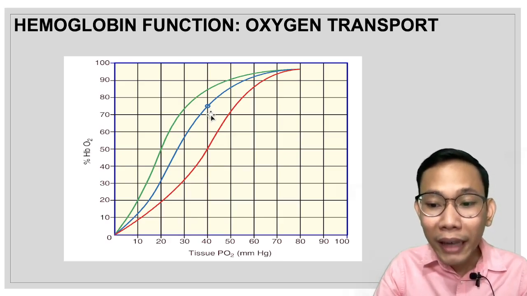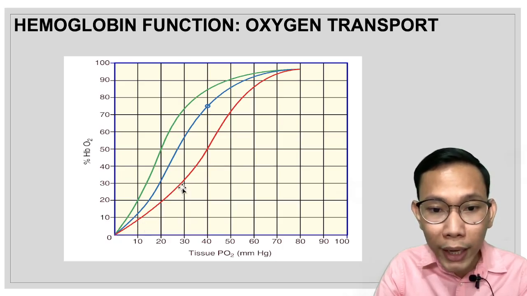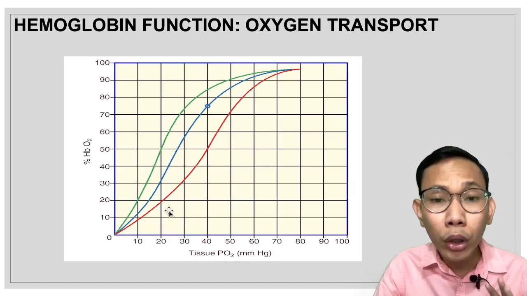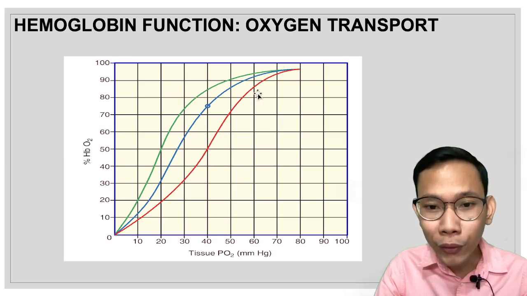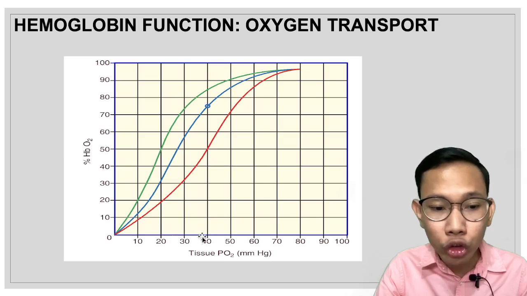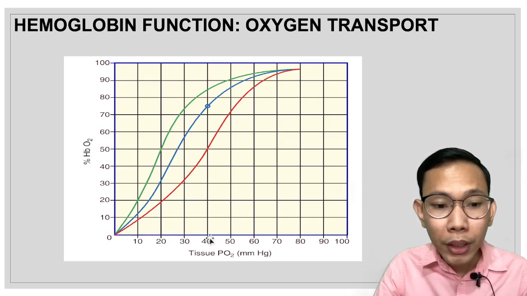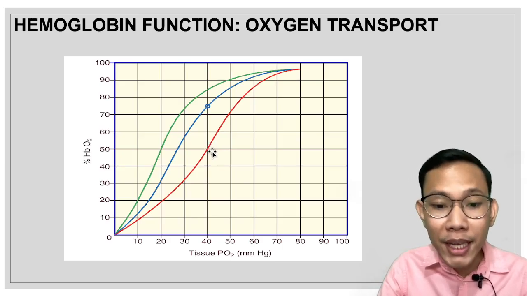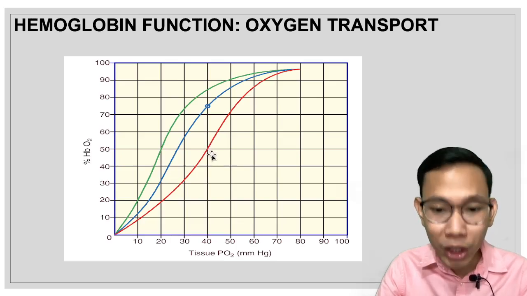Let's look at the right shift curve. So, shift to the right. If there are certain conditions, there are a lot of conditions that will cause a shift to the right curve. Here is the red graph. For the red graph, at 40 mmHg, the hemoglobin is 50% saturated, but willing to give up 50% of its oxygen to the tissue.